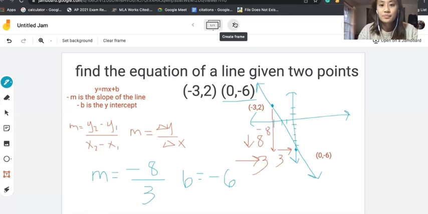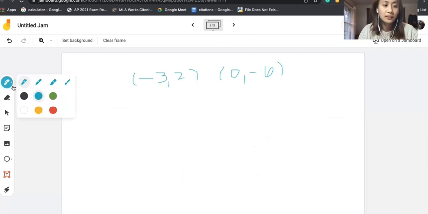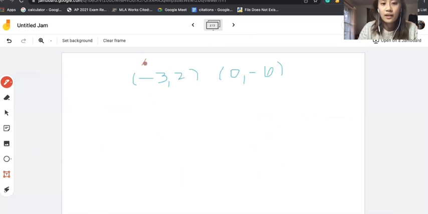So our 2 points were (-3, 2) and (0, -6). So we know that m equals y2 minus y1 over x2 minus x1. So this is our x1 value. This is our y1 value. 0 is our x2 value and -6 is our y2 value.